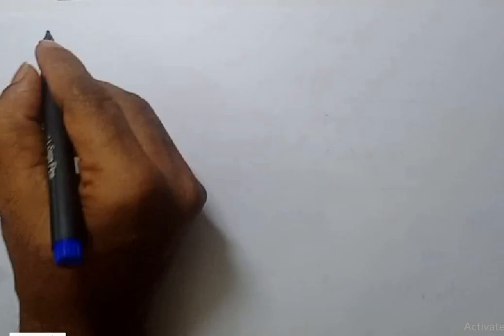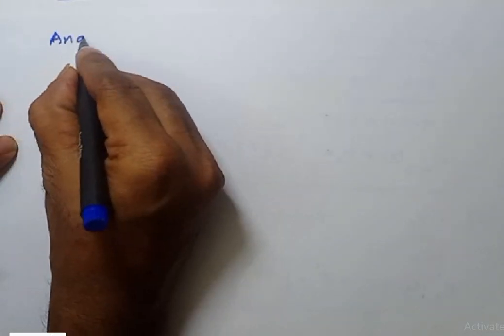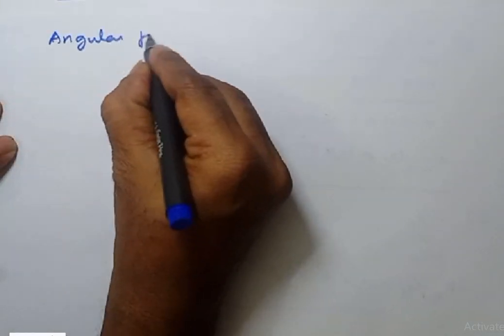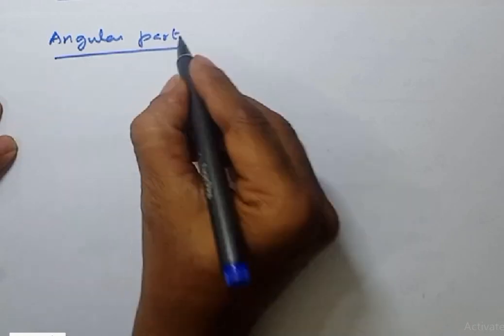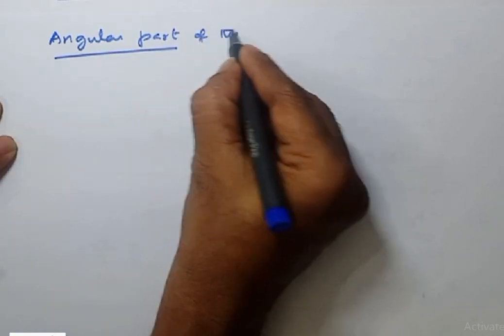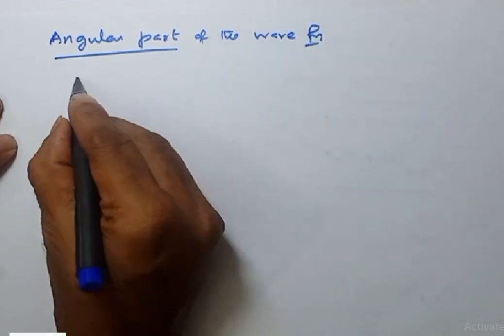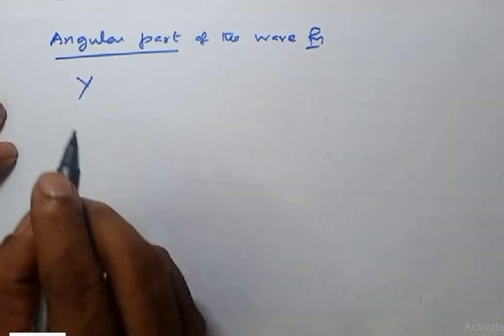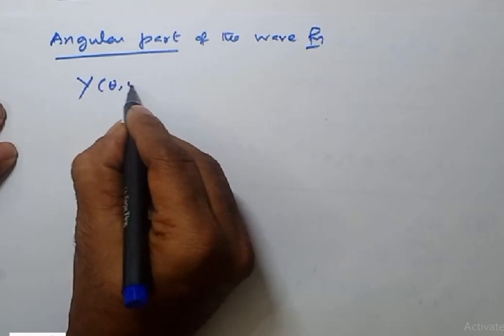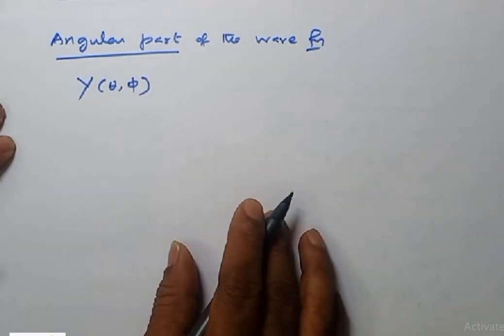Right, now we'll discuss the angular part of the wave function, which we represent by the symbol Y. Y depends on two variables, theta and phi.